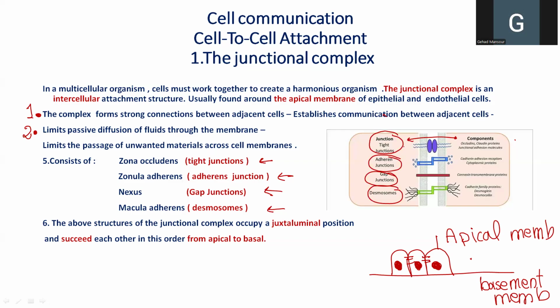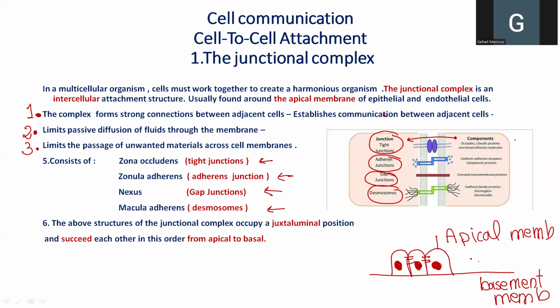So in areas where we want to limit the passive diffusion of fluids through the cell membrane, you will find this complex, for example, in the small intestine. And while they limit or control the passage of fluids, they will also limit or control the passage of materials, solid materials, across the cell membrane.